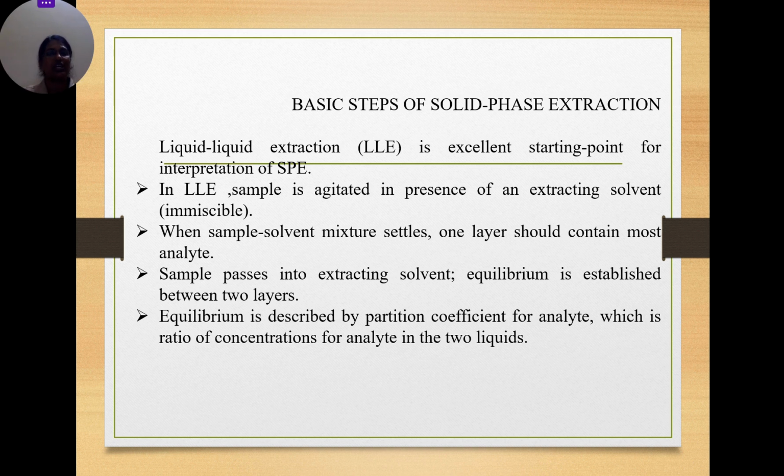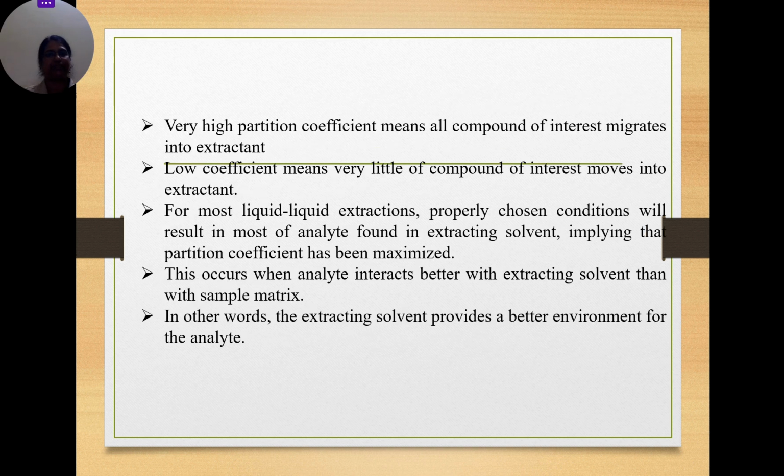So that is how equilibrium will be attained. A high partition coefficient means all compounds migrated to the extractant. A low coefficient means very little of the compound moves into our extractant. Based on this we can identify which environment is suitable for our analyte to move into.